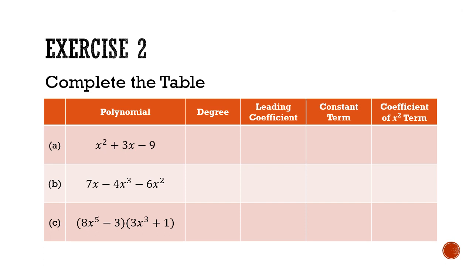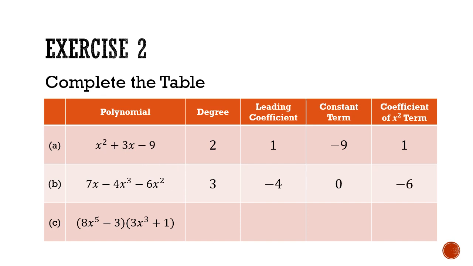So for part A, the degree is 2, the leading coefficient is 1, the coefficient of x squared is also 1, and the constant term is negative 9. In part B, the degree is 3, the leading coefficient is negative 4, the constant term, it looks like it's not there, but it's just a plus 0, so the constant term is 0, and the coefficient of the x squared term is negative 6.